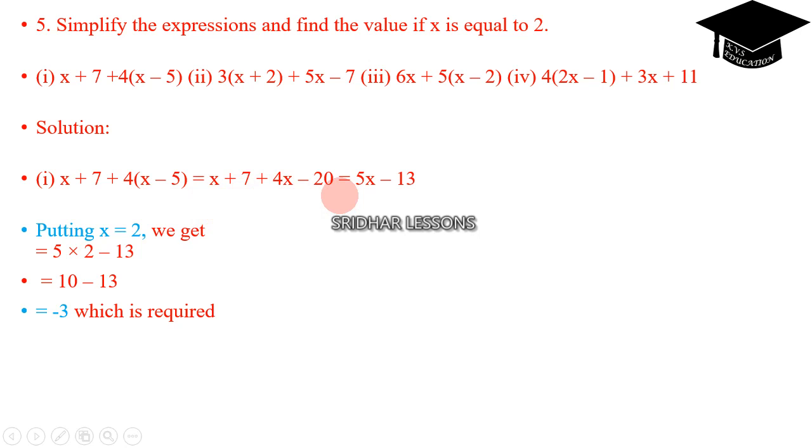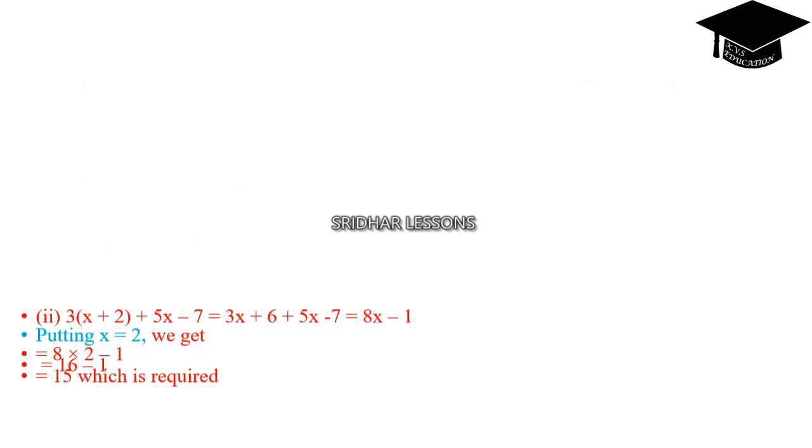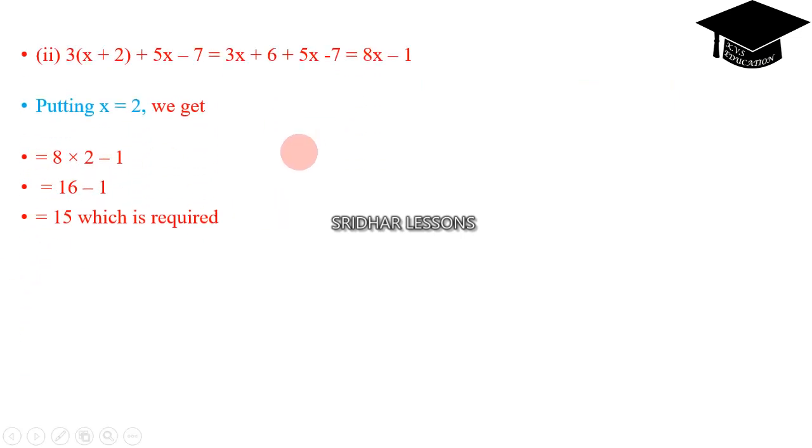This is equal to 5x minus 13. We have to put the value of x is equal to 2, that is 5 into 2 minus 13, that is 10 minus 13, that is minus 3. See this one carefully.